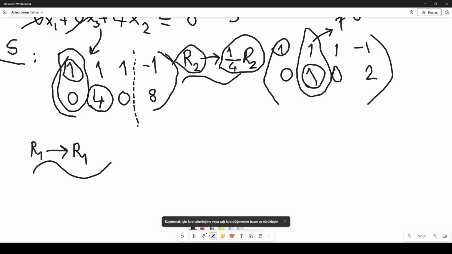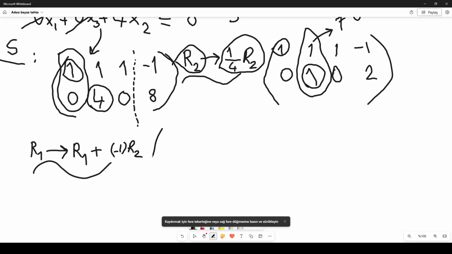We add row number 1 minus 1 times row number 2. So why did I multiply row 2 by minus 1? Because I want to convert this 1 value into 0. If I multiply the second row by minus 1 and then add it to row 1, then minus 1 plus 1 is equal to 0 as desired, right?